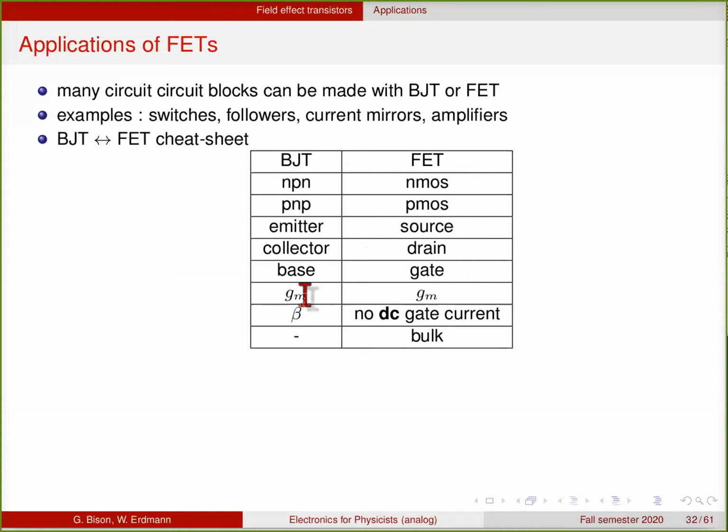And wherever you use gm for the bipolar transistor, you also use gm for the field effect transistor. However, there's no equivalent for the current amplification beta because there's no DC gate current for the field effect transistor. On the other hand, the bipolar transistor does not have a bulk connection as the field effect transistor does.